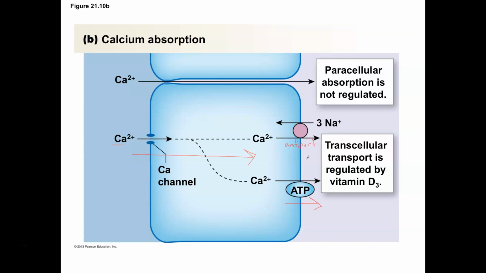Calcium movement across the epithelial cells is regulated by the hormone calcitriol. Another name for calcitriol is vitamin D3. So this is essentially a vitamin D hormone. So calcitriol or vitamin D3 is going to affect the absorption of calcium across the epithelial cells. What calcitriol does is it increases the production of a calcium binding protein within the epithelial cells.